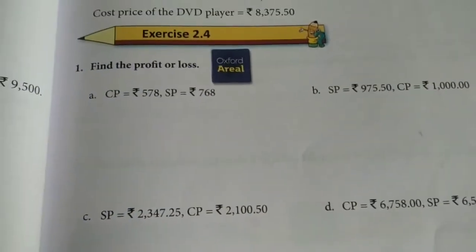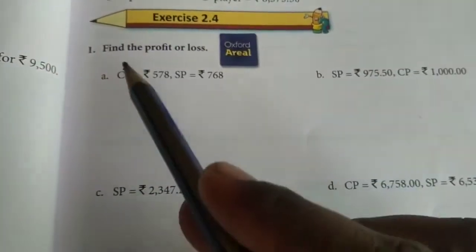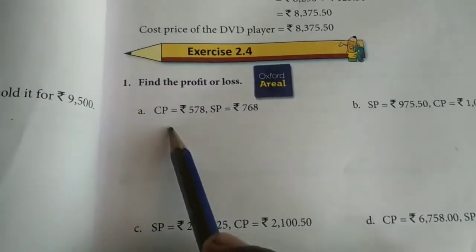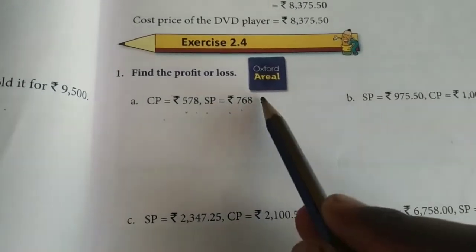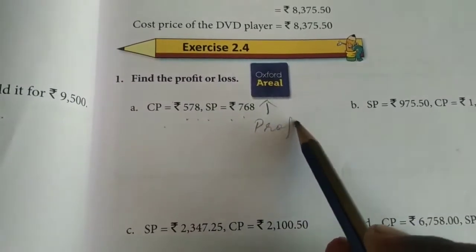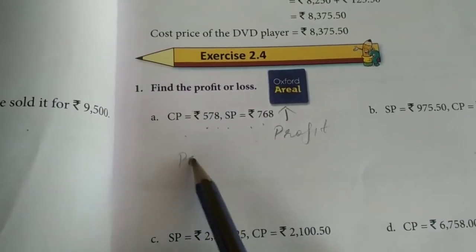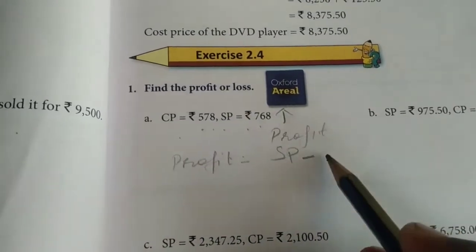Okay, dear children, come to this example. Find the profit or loss. Here CP is 578, SP is 768. So SP is more. If SP is more, there is a profit. What's the formula for profit? Profit is equal to SP minus CP.